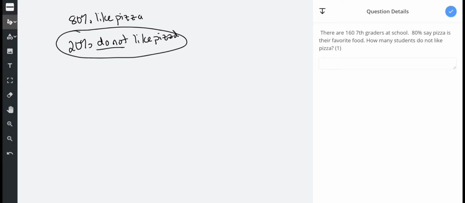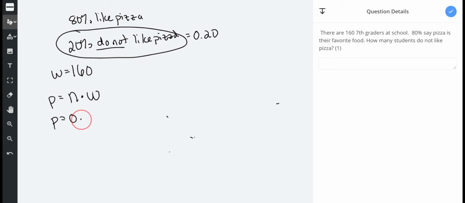So there are 160 seventh graders at school. So the whole amount is going to be 160. So if I use my percent equation, part equals percent times whole, I'm going to fill in the information that I do know. I know that I have 20%, which is going to be written as 20 hundredths, and I know the whole is 160. So I'm finding the part.